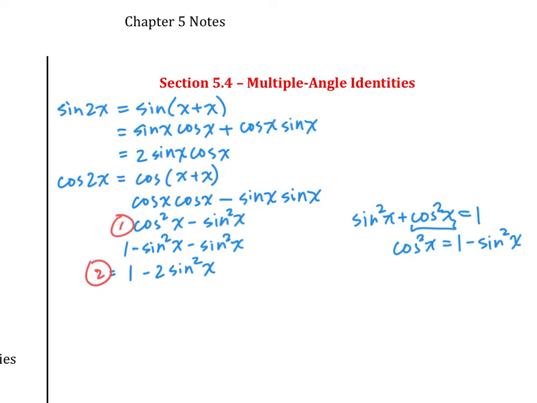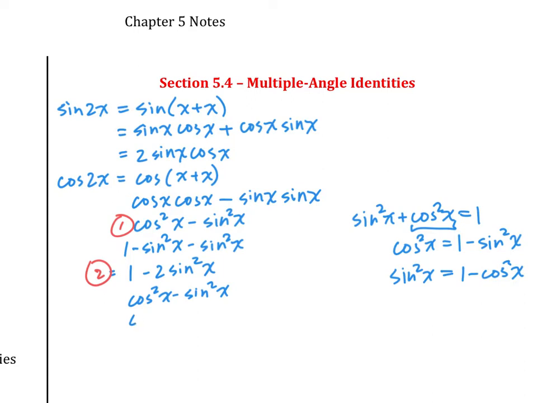Let's say that instead of changing cosine squared, I wanted to change sine squared. I can derive my third formula. Okay, so I'm going to start from cosine squared minus sine squared. How do I do that? Starting from here, I can say that sine squared is equal to 1 minus cosine squared.